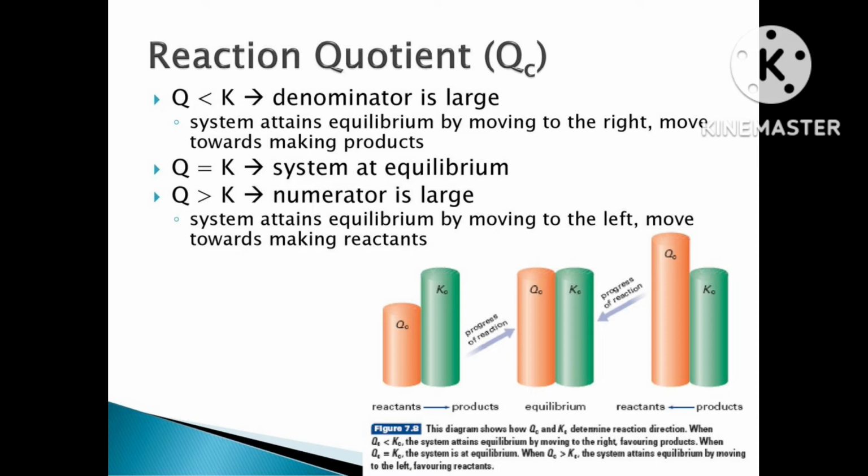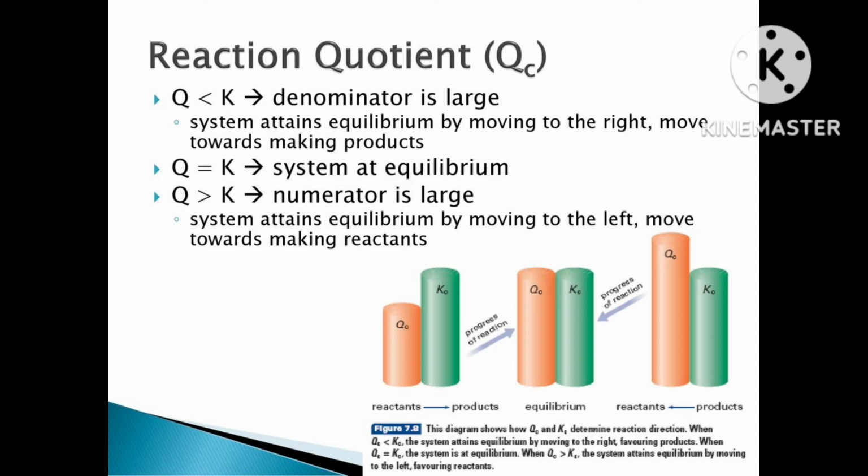It means (3 into 10 to the power minus 4) power 2, and down again A square is there. A concentration is again the same, 3 into 10 to the power minus 4, squared. Then all will cancel, only 1 will remain. Qc value you got is 1.